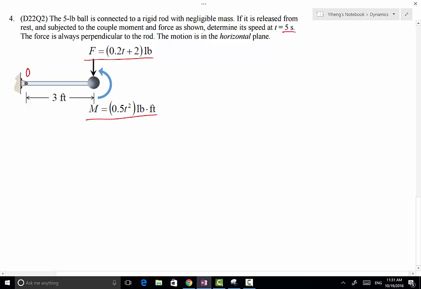The force always keeps its direction perpendicular to the rod, and also the motion is in the horizontal plane, which is an important hint that we do not need to consider weight.